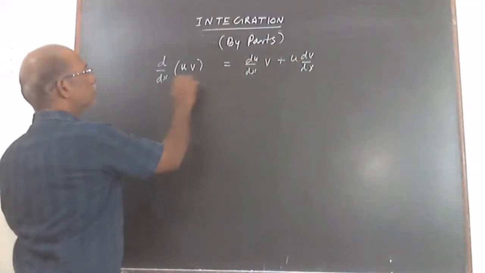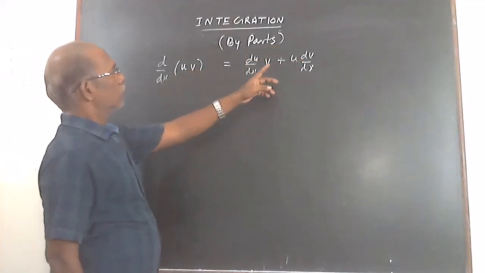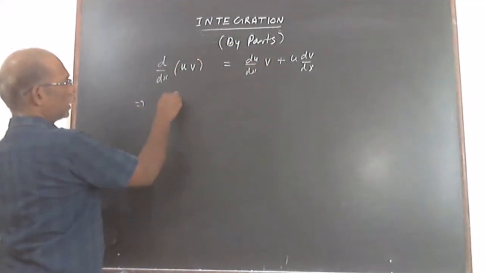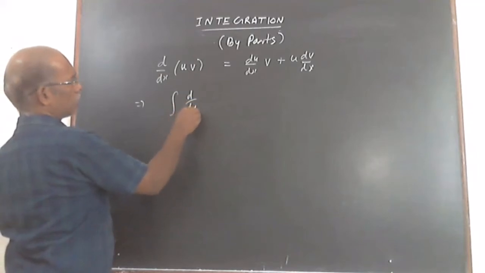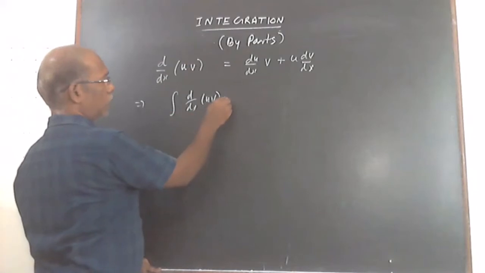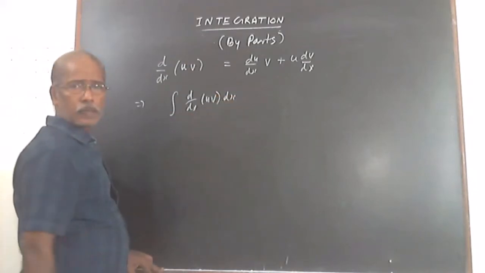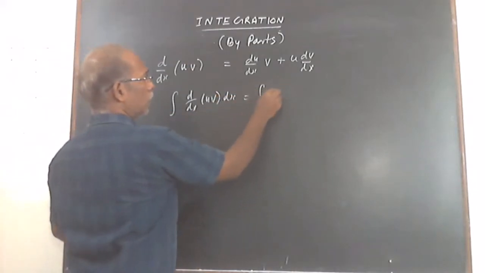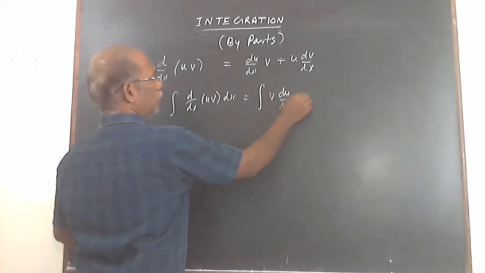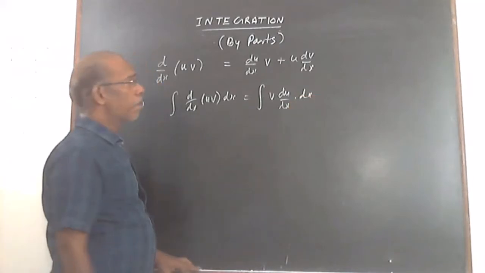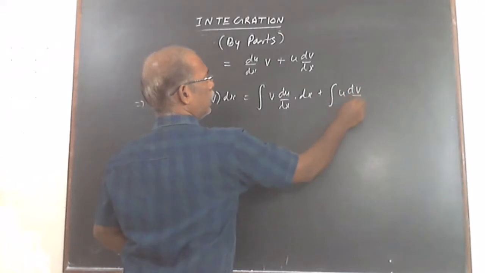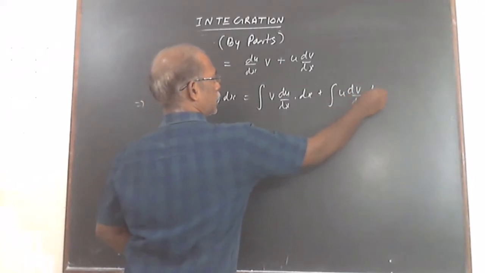Now, if you integrate each and every term, this implies integral of d by dx of uv with respect to dx, integral of v du by dx with respect to dx, then integral of u dv by dx with respect to dx.